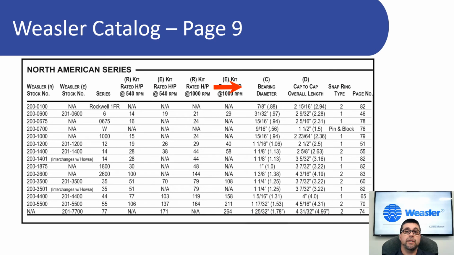Go to column C, bearing diameter. We measured 1 1/16. This tells us it's a 12 series, cross and bearing kit part number 200-1200, but most importantly, page 51, that's the page with all the products that will fit the identified bearing cap diameter.